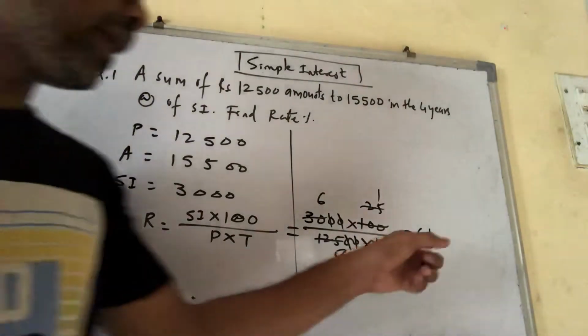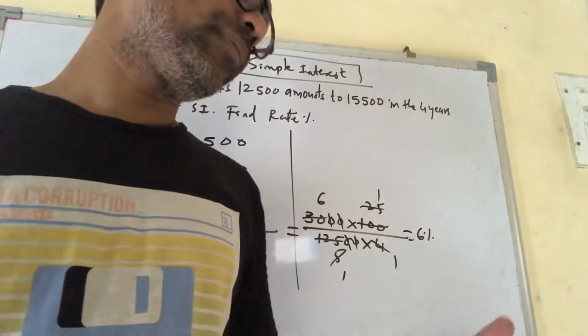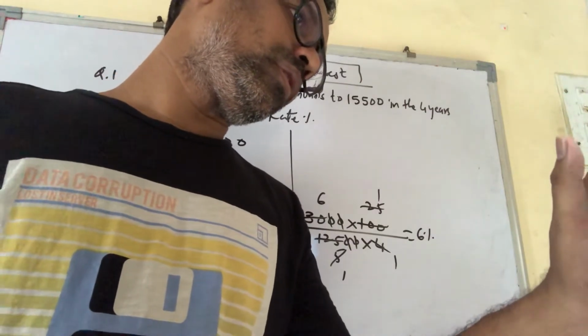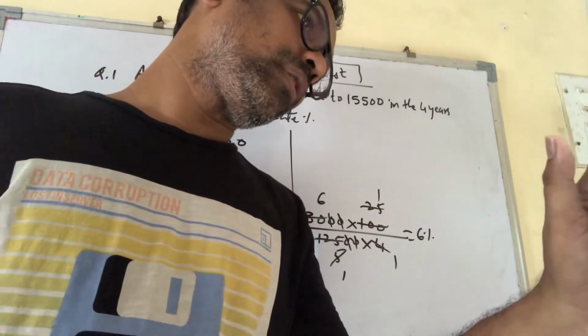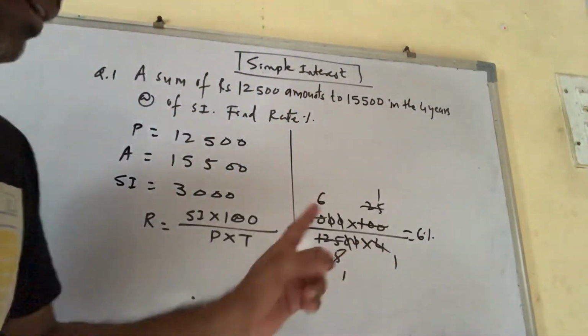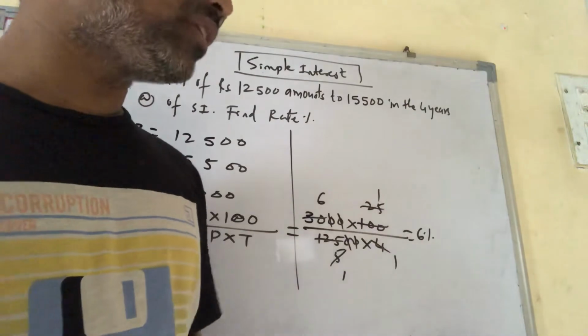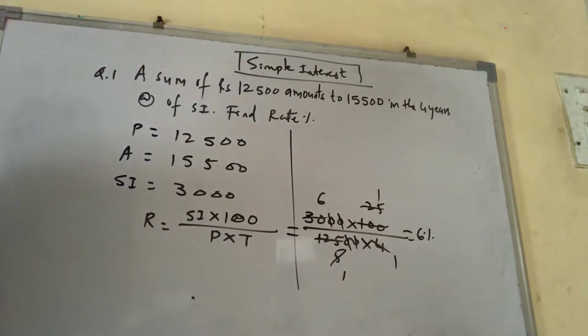So this is your correct answer. 6% is the answer. So not even 7%, not 5.75. The correct answer is 6%. Please note down this.